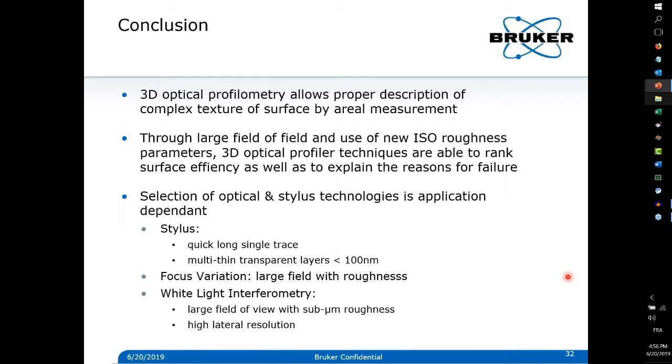And it is very critical to have a technique that allows a large field of view to make it redundant and statistically representative of the surface.